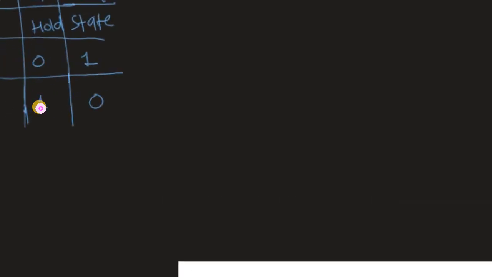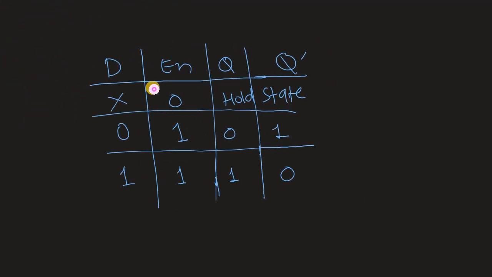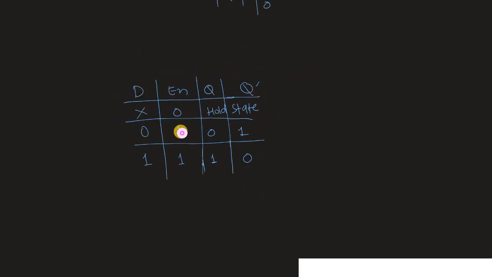So this is how the truth table for the timing of the enabler for the D latch looks, because every time the enabler is 1, if the D input is 0, the output would be 0. If it's 1, the output is going to be 1. And if the enabler is 0, it's going to hold whatever state it was previously in.